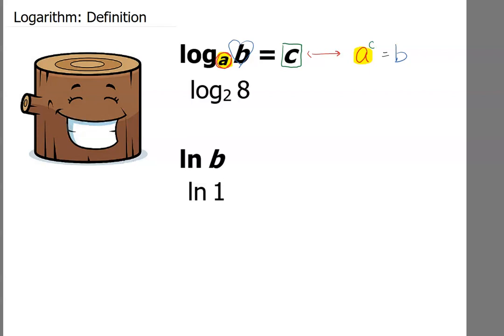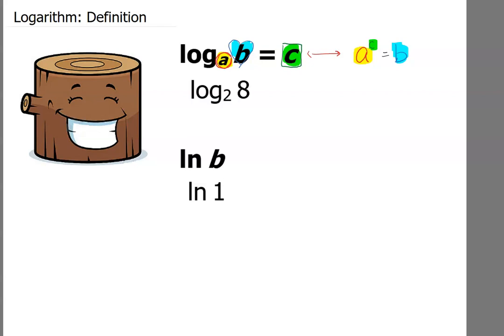I have a base of A, and a log is saying in order to get this result, in order to get B out of it, a logarithm tells me the exponent we need.